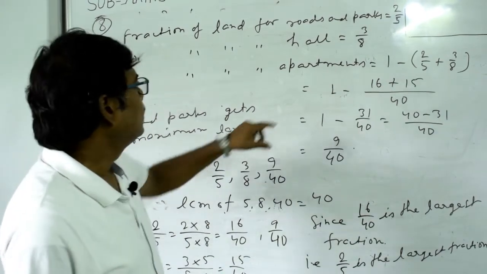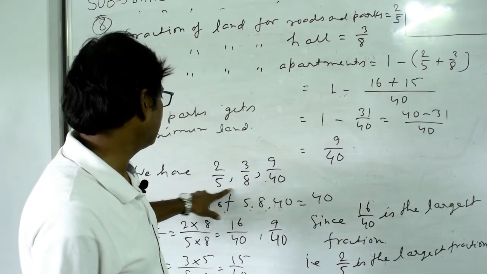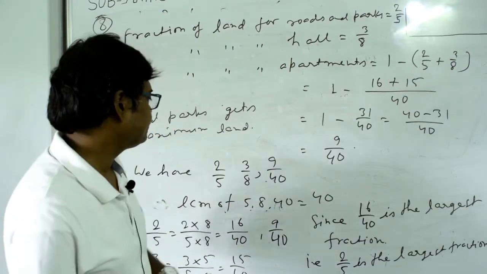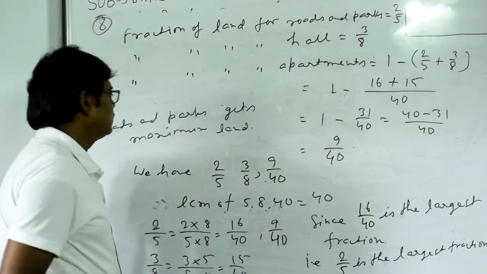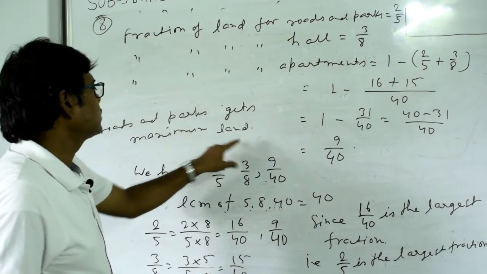It means that among these three fractions, 2 by 5 is the largest fraction, and it means that roads and parks get the maximum land.